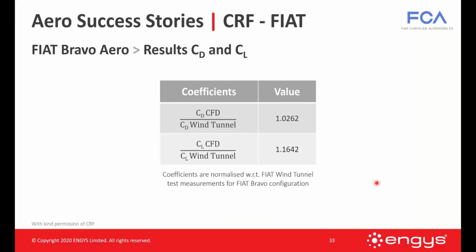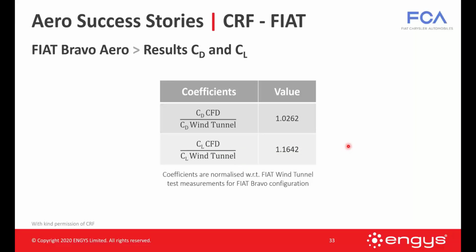In terms of a comparison between the CFD results and the wind tunnel for Elements, for this case, it was about a 2%, under 3% difference in drag, and then around a 16.5% difference in lift. And these are normalized against the wind tunnel results themselves.